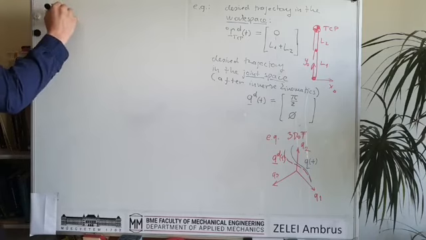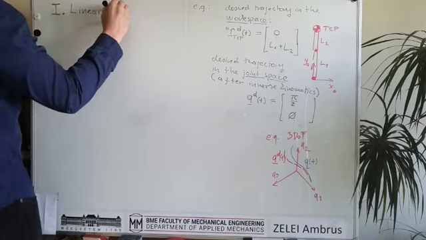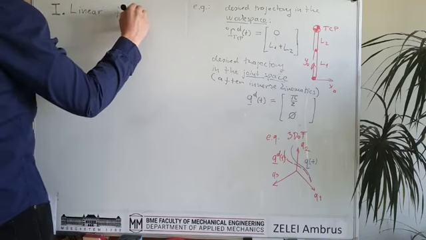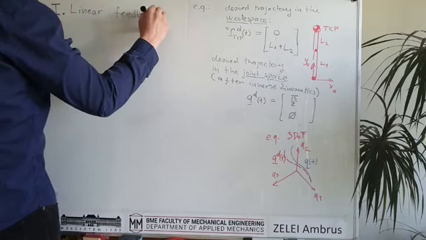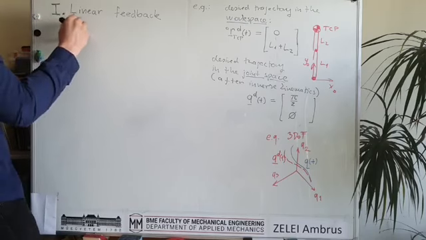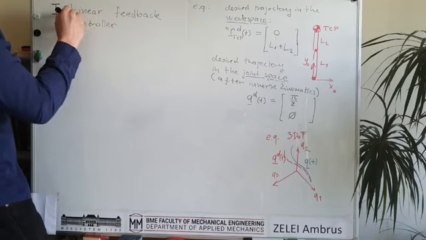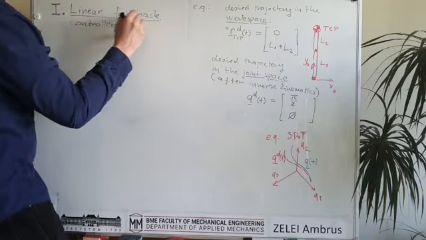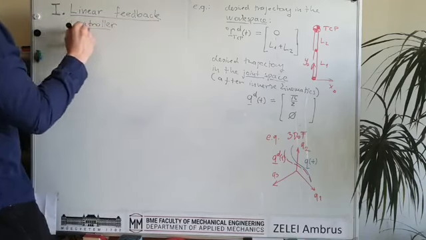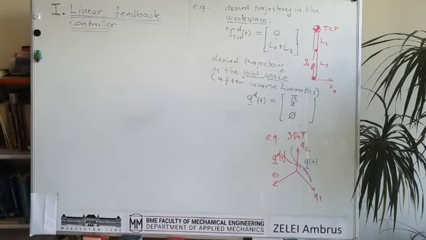This will be the first one. This is the simplest one which one can try for any robot. So the first we check is the linear feedback controller.